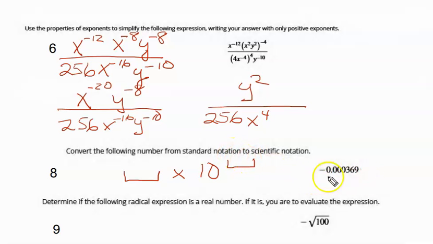And we know this answer is going to be negative, so I'm going to put my negative out there. Now I have to move my decimal place to make this a number between 1 and 10. So let's do it together. 1, 2, 3, 4. So I know this is going to be a negative 4. And it's 3.69.